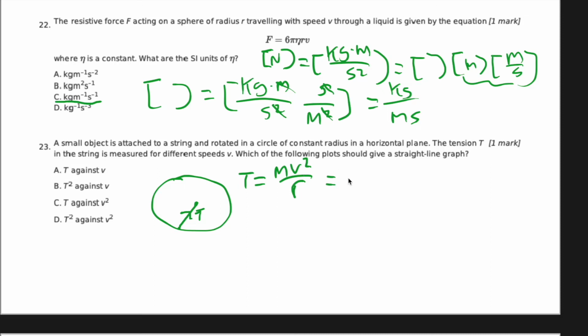I'm going to change this equation a little bit. Now this looks a little bit clearer. So T is going to be equal to m v squared over r.